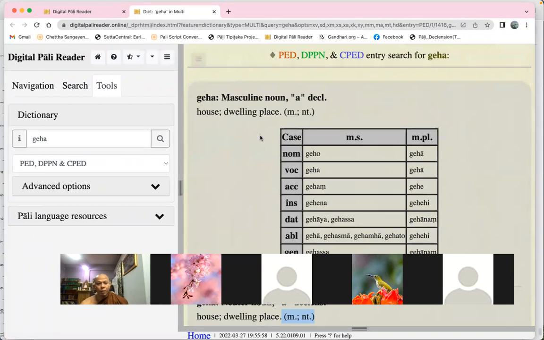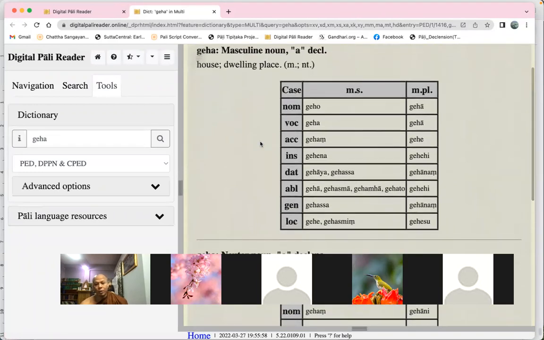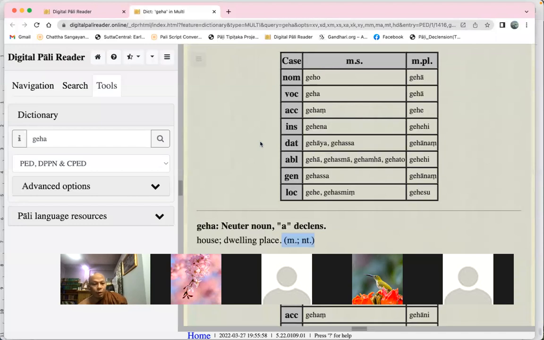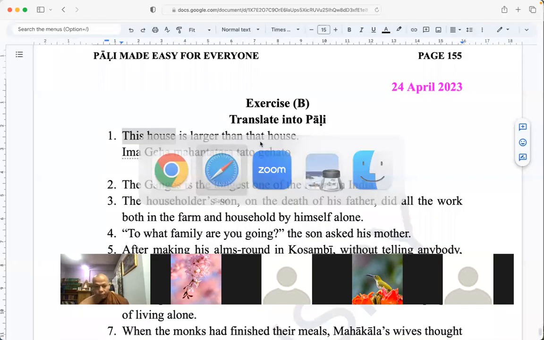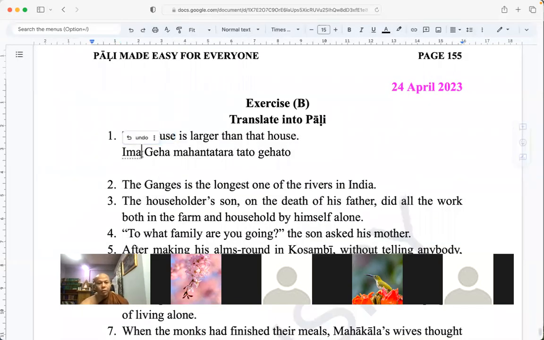Geha, masculine as well as neuter, but neuter is very common. So ima, maybe idam, neuter gender, and geham. So instead of ayam, idam geham.